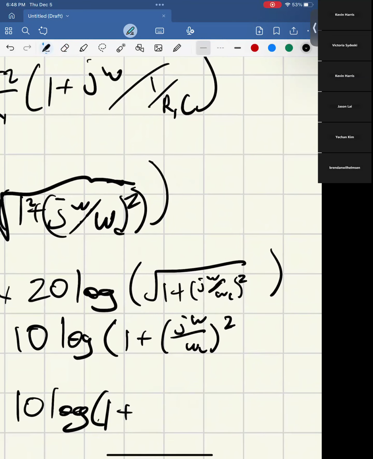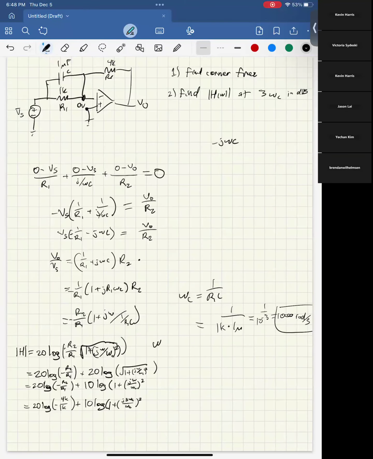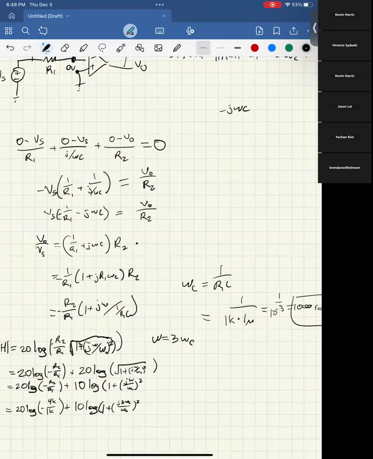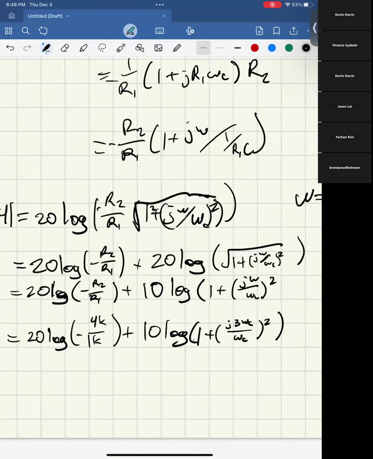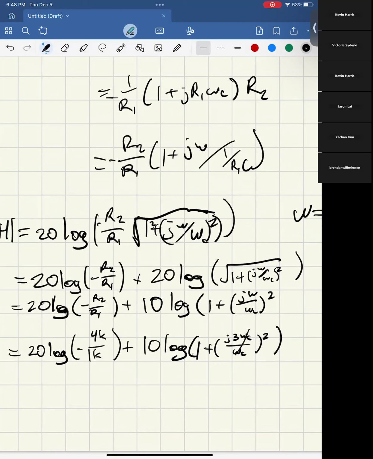Then what we do is we plug in j3 omega C over omega C squared, because we're saying when omega equals 3 omega C. So then the omega C's will cancel, this is j3 squared. So this would become 1 plus j3 squared, which would become 1 minus 9.